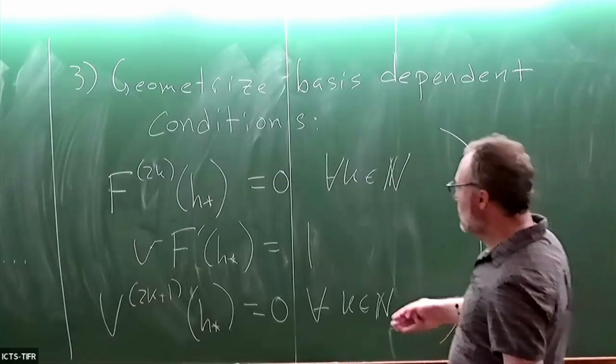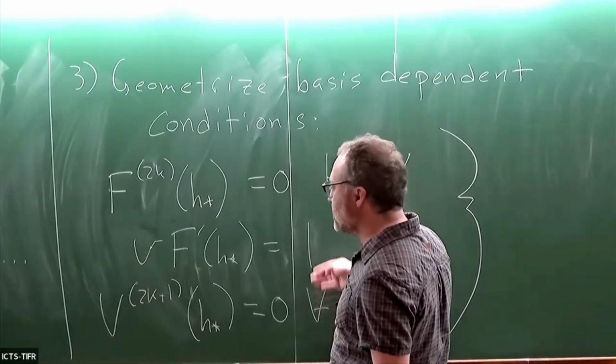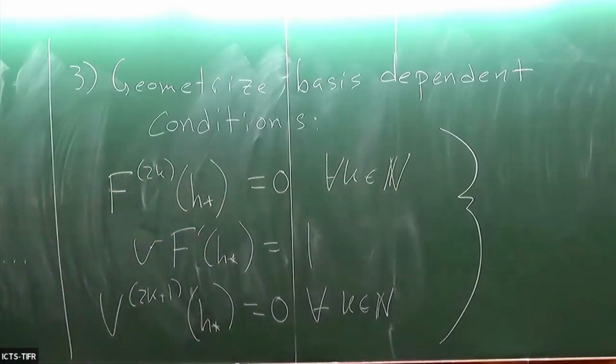So these are the even and oddness conditions. This one, still over here, is the condition that we started with a canonical kinetic term for capital H, and that translated into a condition on the kinetic terms for little h.